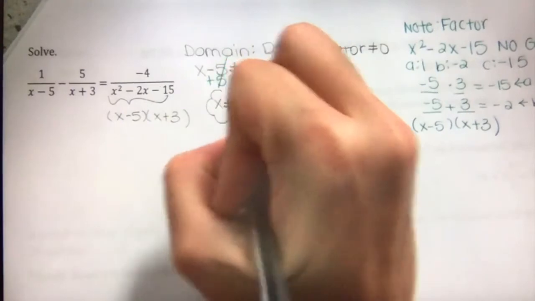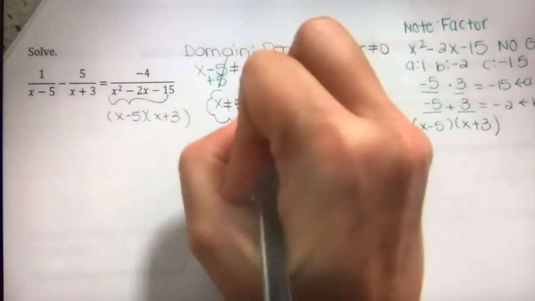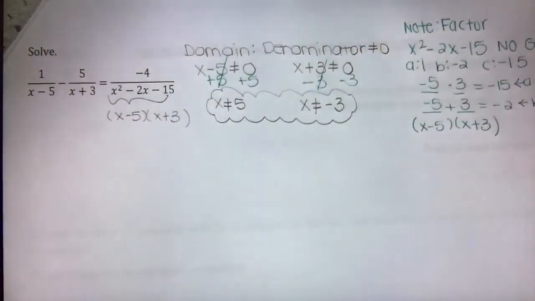X cannot be positive 5 or negative 3. Anything else, just not those two numbers. We found the domain. We're going to leave that right there and come back to it in the very end.